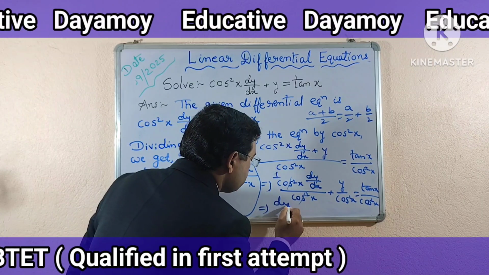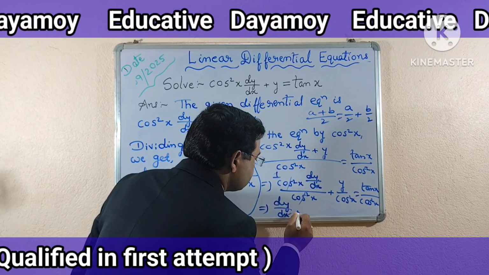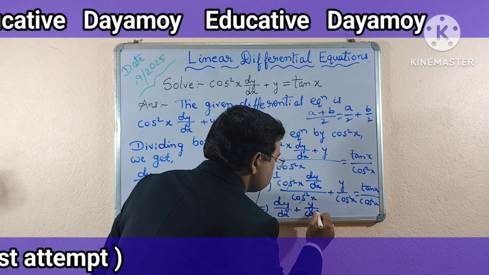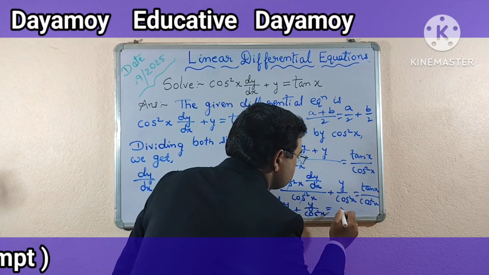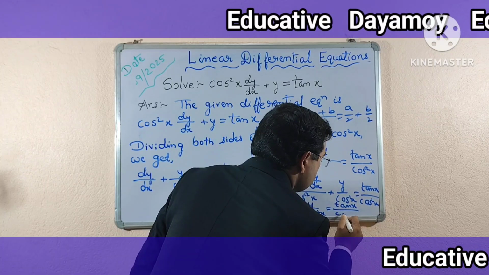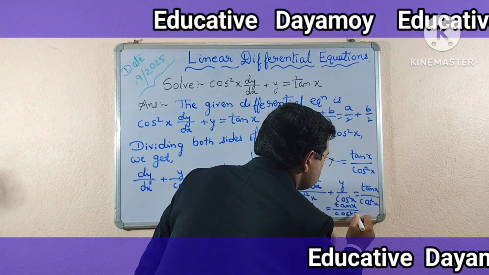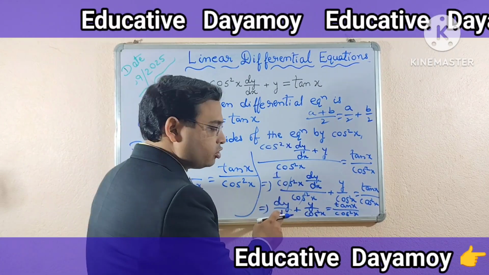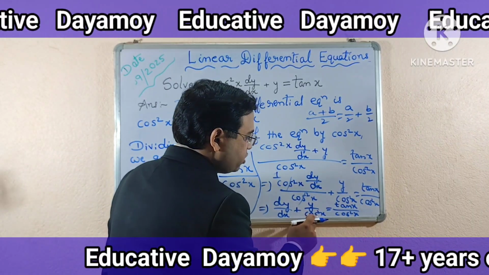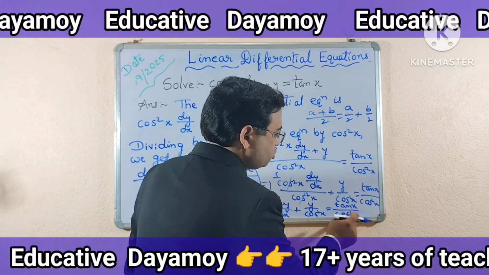dy by dx plus y by cos square x equals to tan x by cos square x.